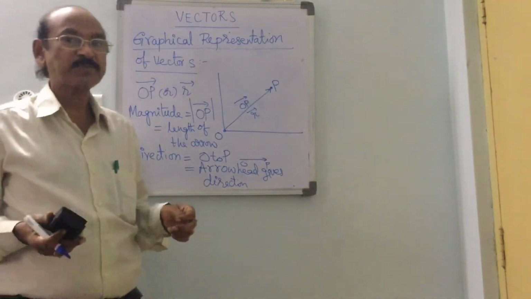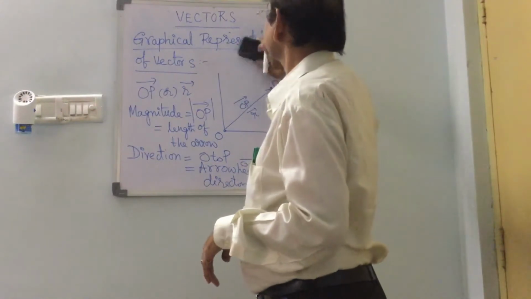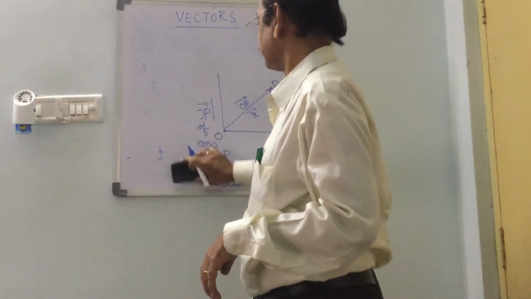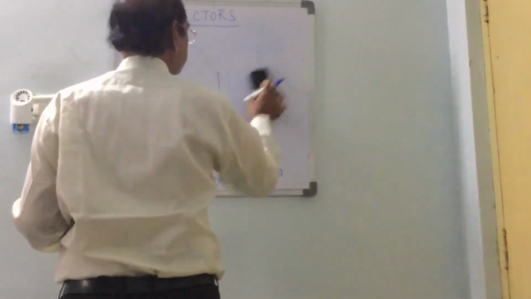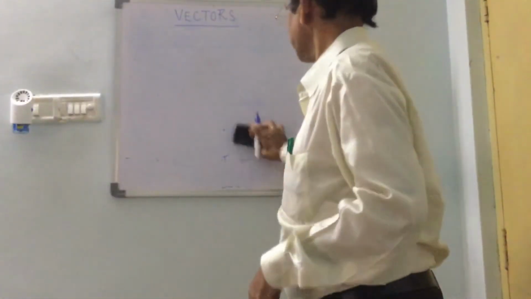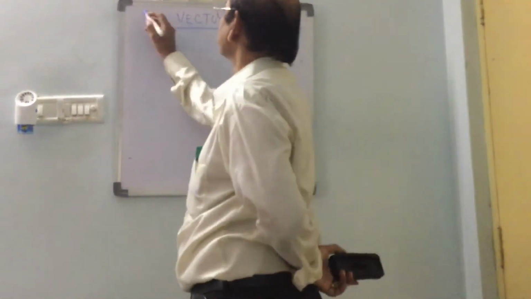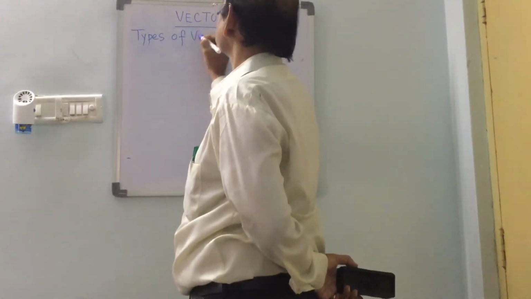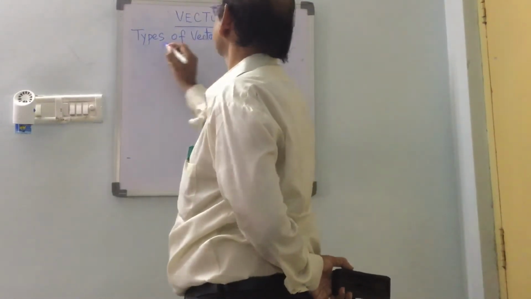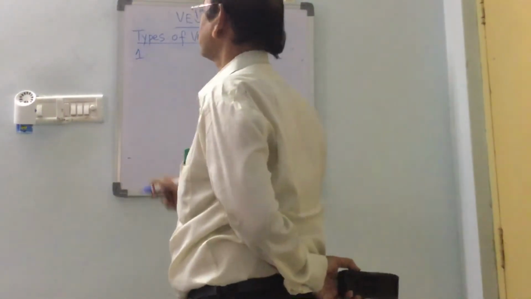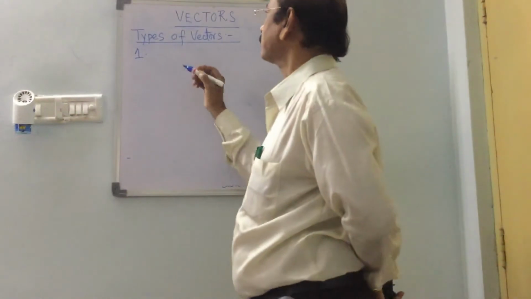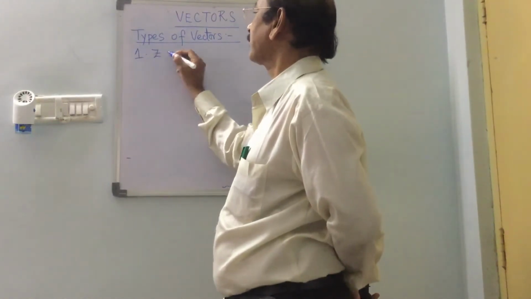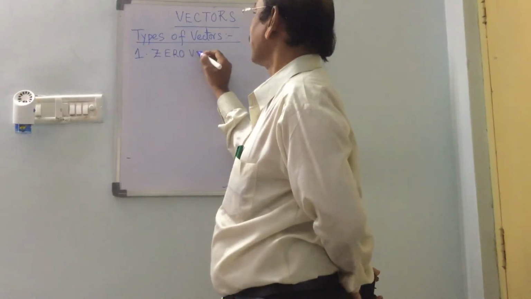Now we know the different types of vectors. First one, zero vector or null vector.